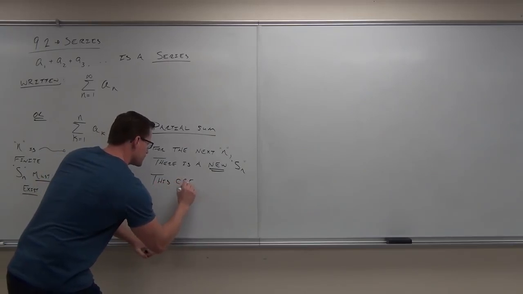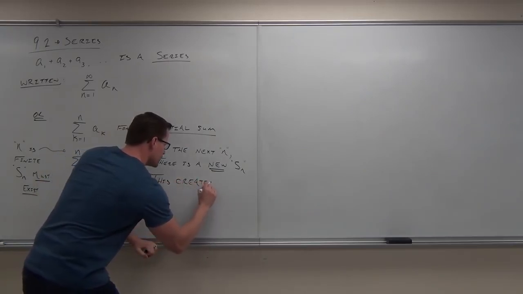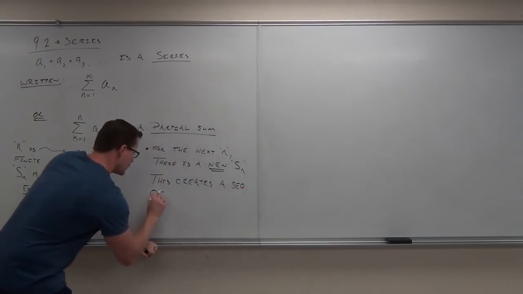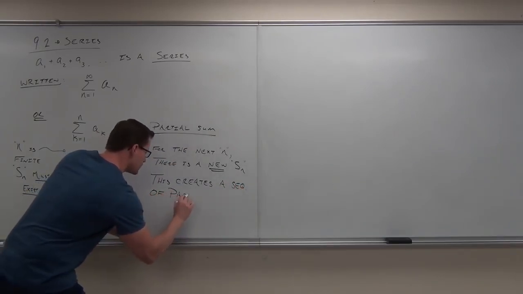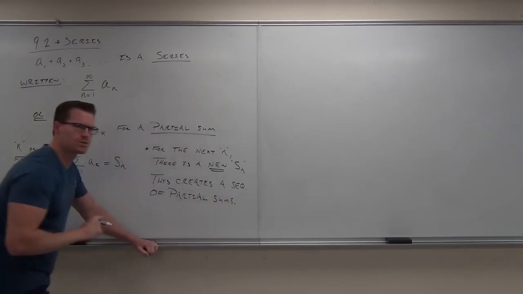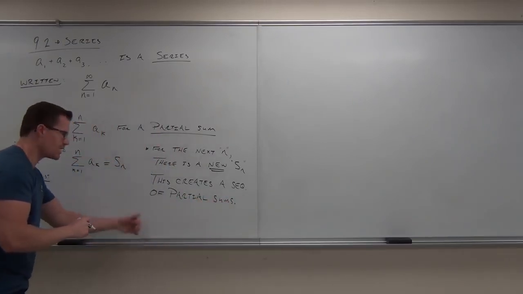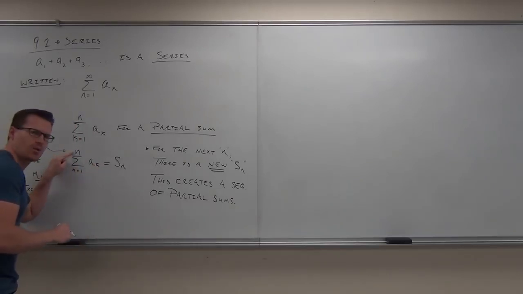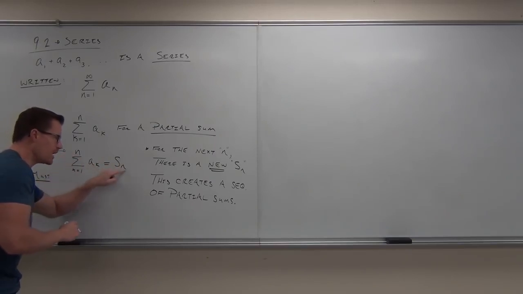This creates a sequence of partial sums. Well, let's think about the sequence of partial sums. This is so nice. The notation works for us. If I stop at 1, look at that, n would be 1.